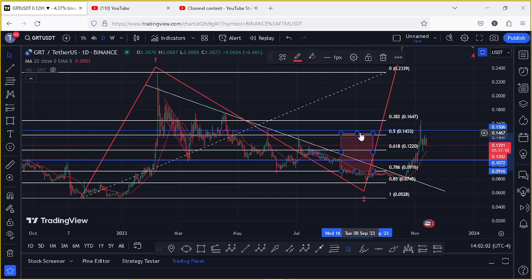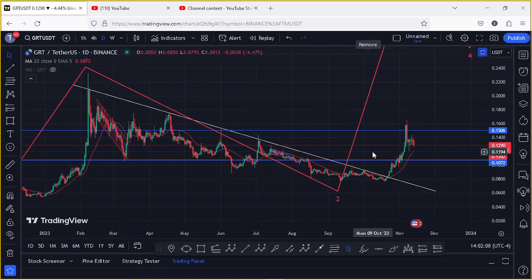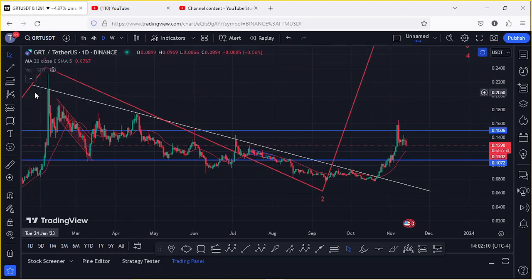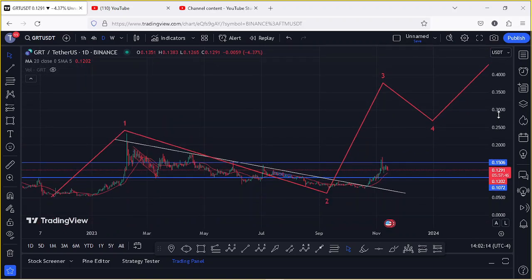giving us a low at around the $0.0745 mark. And after getting that low, we started this impulsive move to the upside, breaking above resistances and also our descending trend line, in what could be the start of an impulsive wave in the formation of this wave 3.